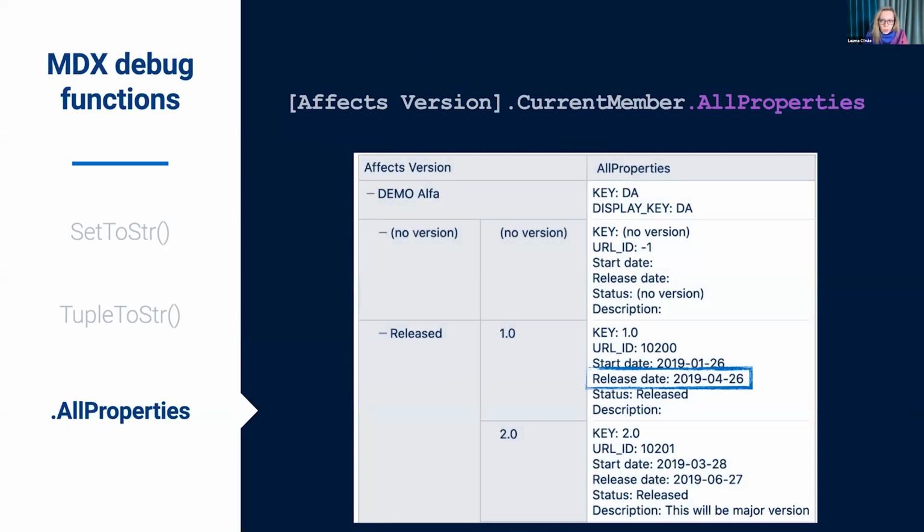So for example, the release date, and we know how we should type it, we can just copy it. And we do get the value of the property on each level. So two very good things come out of this that we can see and use for debugging in MDX. So now let's go to steps, how to test a calculation.